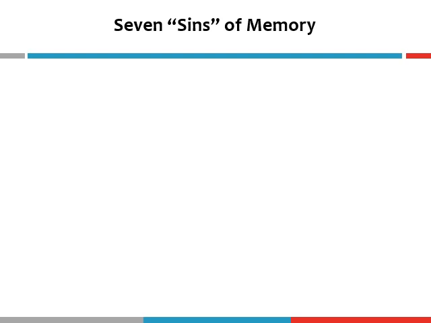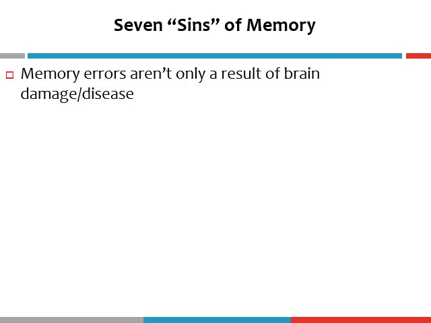And one of the reasons why it was so influential has to do with most people's conceptions about the memory system. So most people assume that the only time that you're going to have global or pervasive forgetting or errors in your memory system is if you have some sort of underlying disease, right?